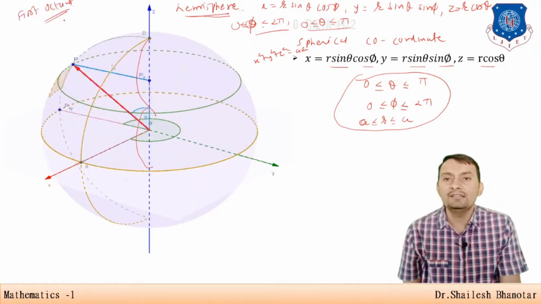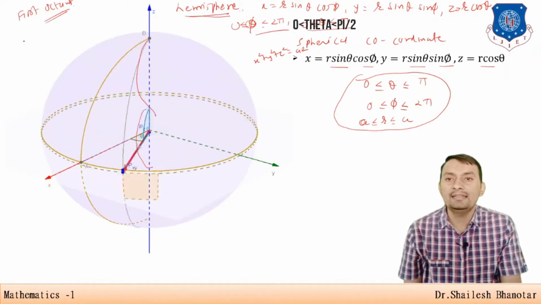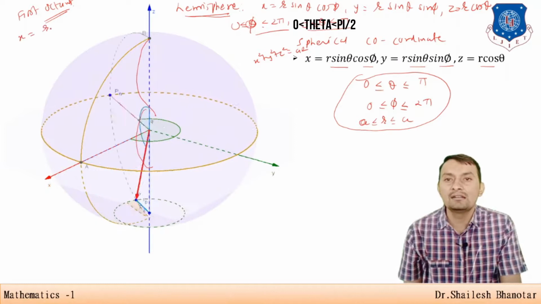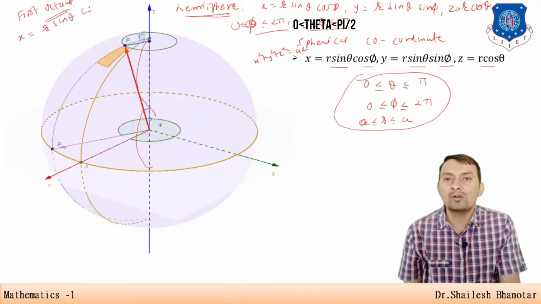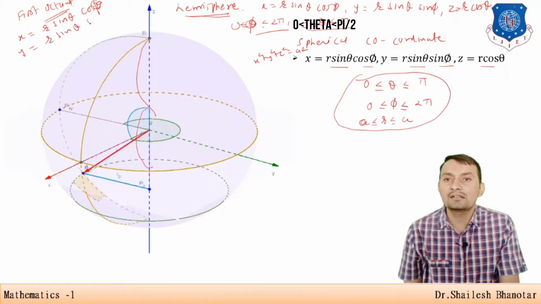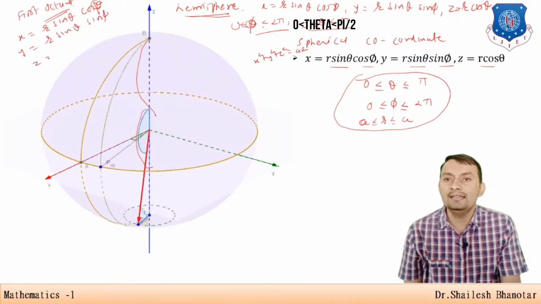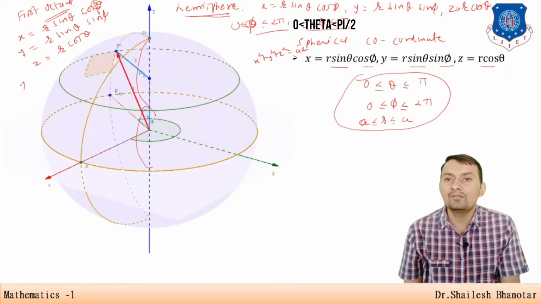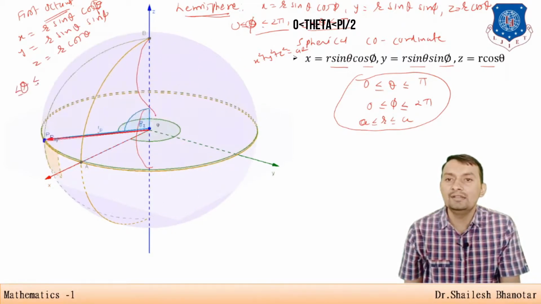So whenever we have the first octant, in that case x is equal to r sin theta cos phi, y is equal to r sin theta sin phi, and z is equal to r cos theta. So in that case what should the angles be?